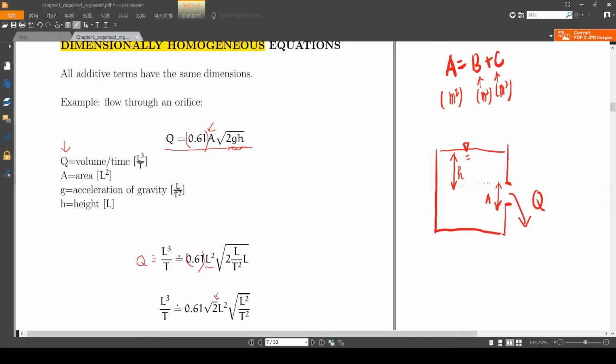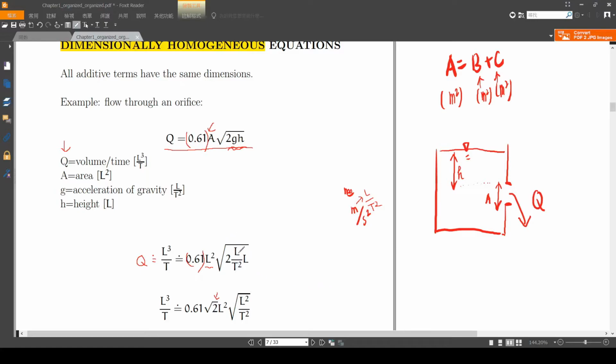So the acceleration of gravity is equal to acceleration, which is like what you learned in high school. The unit of the acceleration is equal to meter divided by the second square, right? So the dimension is length divided by time square. This is G. And because it is in the square root, you should put it in the square root.